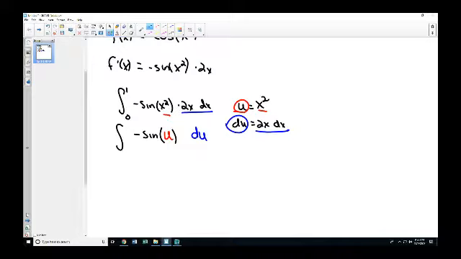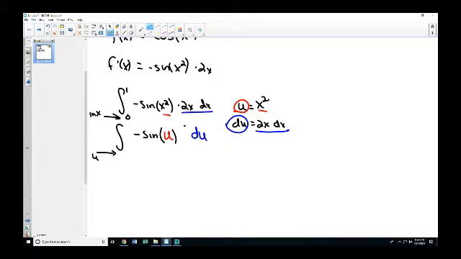We have a couple choices here. We can leave these integral limits as they are, or we can change them. Because right now these are in terms of x, right? We are in terms of u now, so we want to change those to be values of u.